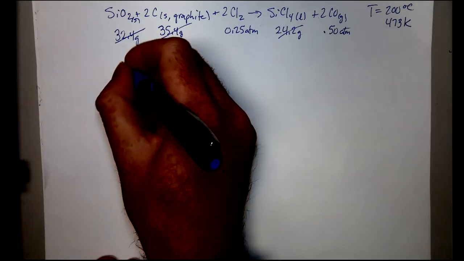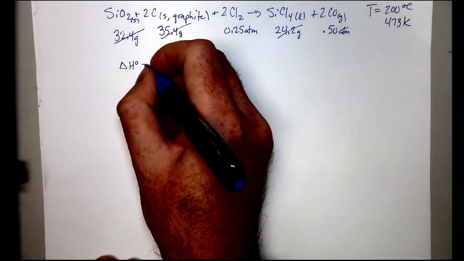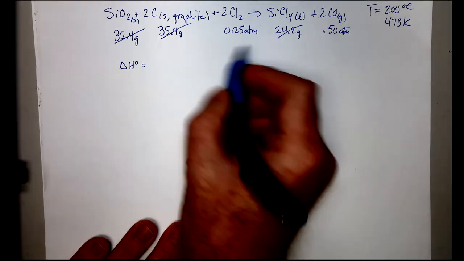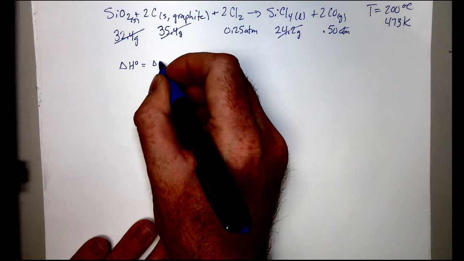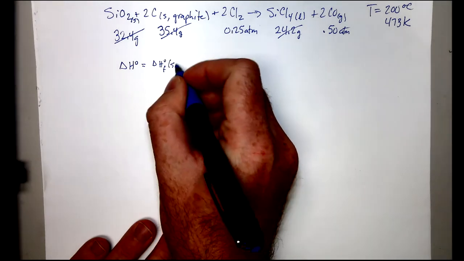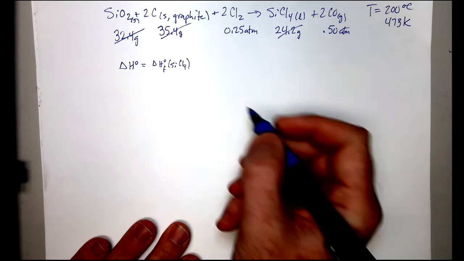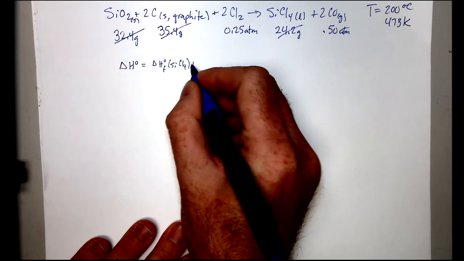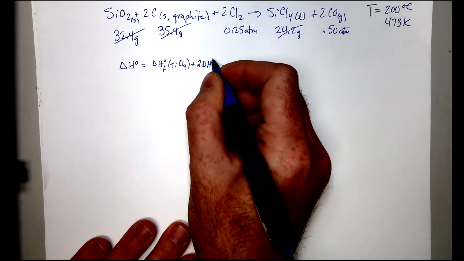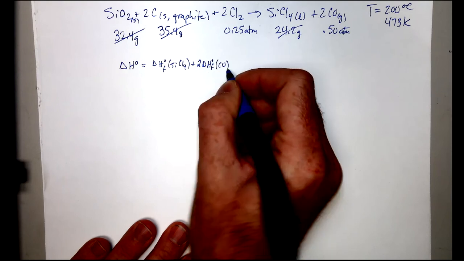So delta H standard is going to equal the products. So delta H standard for formation of our silicon tetrachloride in the liquid phase, plus 2 times the delta H standard of formation for the carbon monoxide.